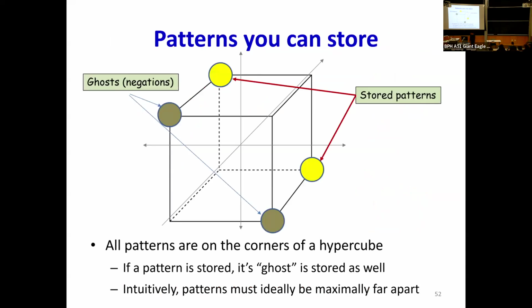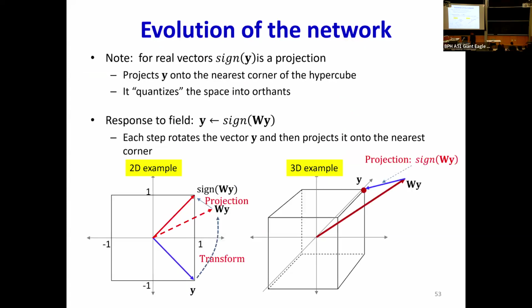Again, the patterns that we can store are going to be points in the corners of a hypercube, because every bit is binary, right? And for every pattern that is stored, there's a negation, which is a ghost pattern, which is also likely to be stored.